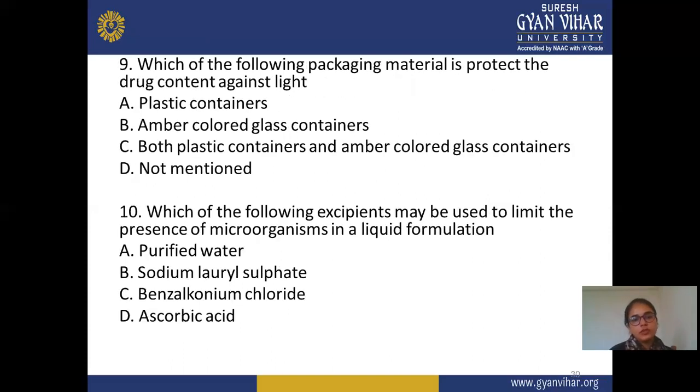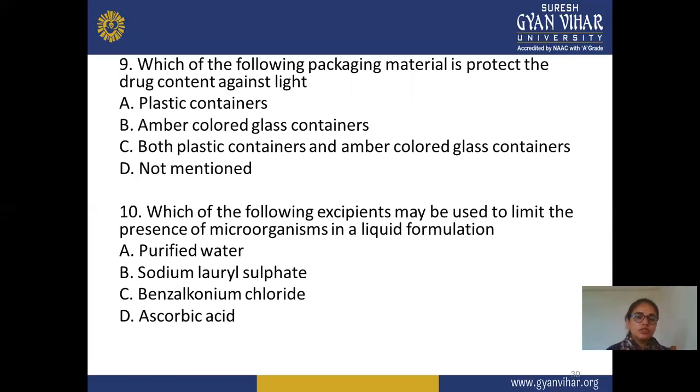Next, the ninth question: which of the following protects against light? You know about these containers, we already covered them in the previous lecture. In this packaging material, first A is plastic container, B is amber color glass container, C is both plastic container and amber color glass container, meaning both A and B are correct, and D is not mentioned in these options.